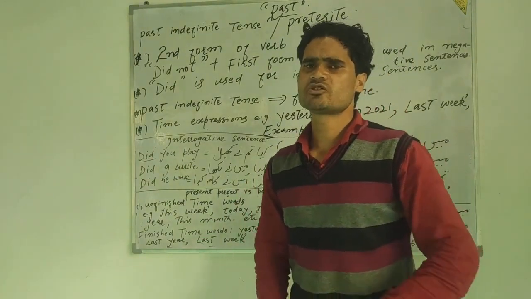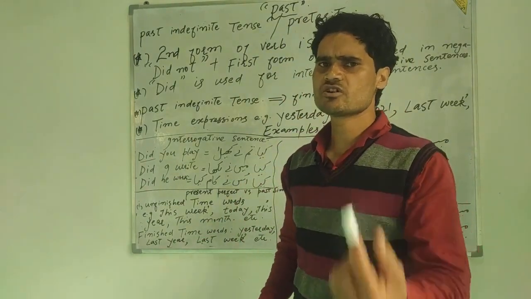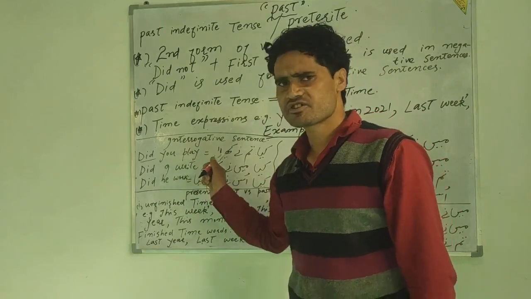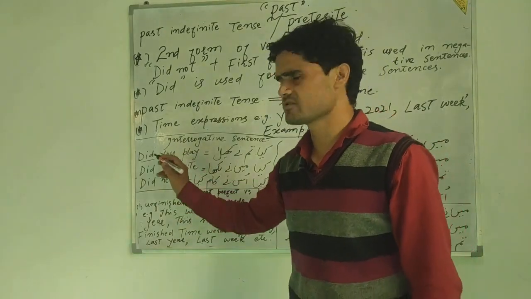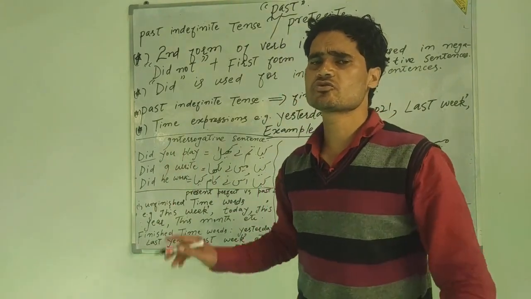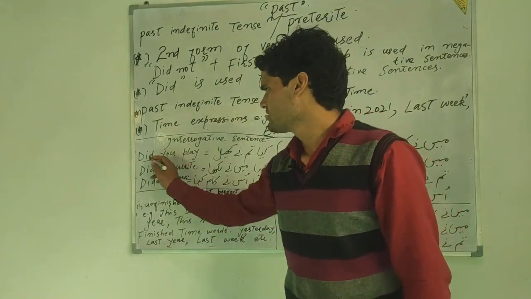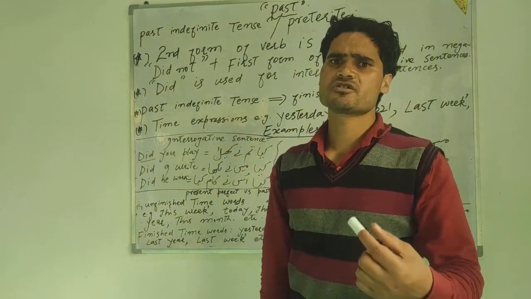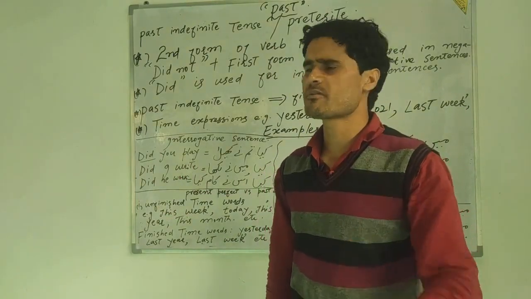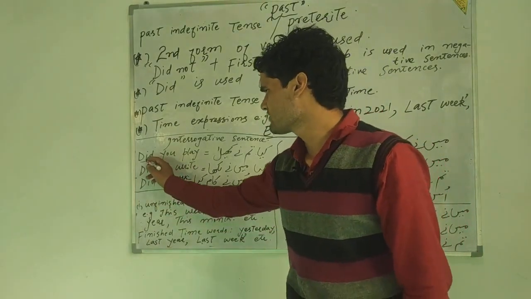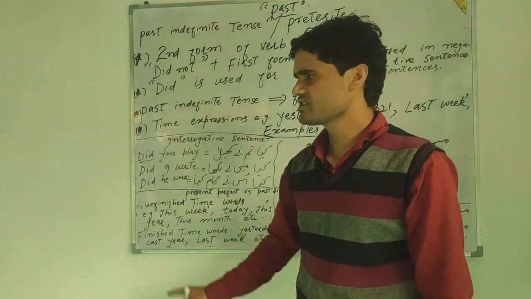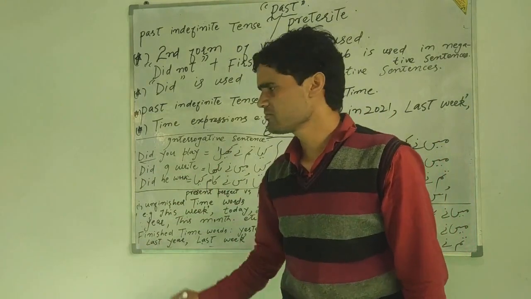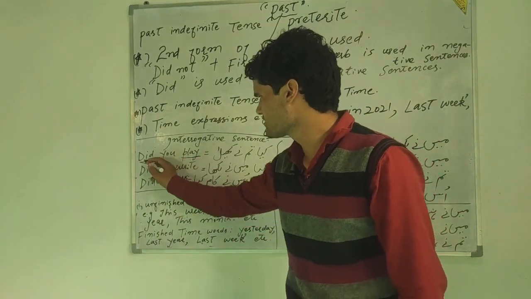Did. When two verbs appear in the same sentence, only the first verb, the one close to the subject, will become the past form of verb. That is why I have written the second form of verb here. Did you play? It will not become did you played, because then both would become past.